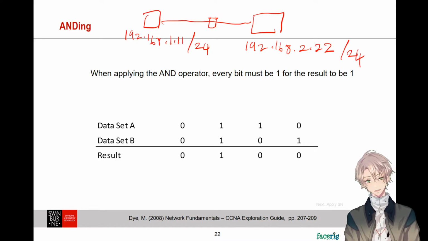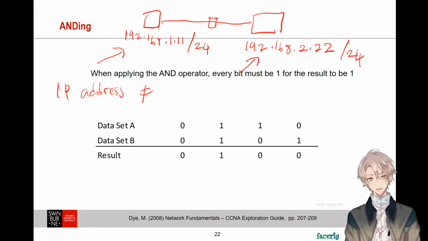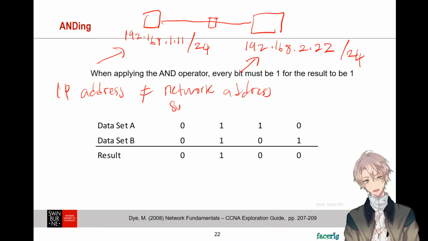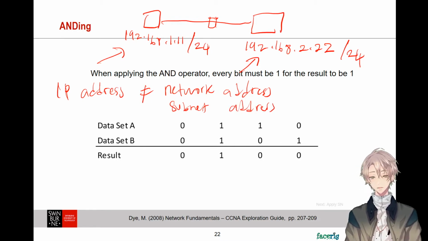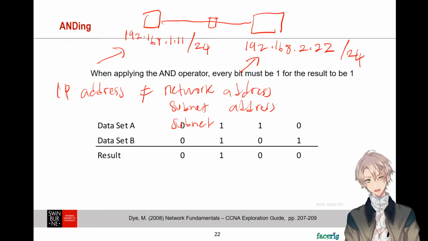As you can see over here, these are your IP addresses. IP addresses are not equal to your network address or your subnet address, or what else do they call it? Let me see. Subnet ID.